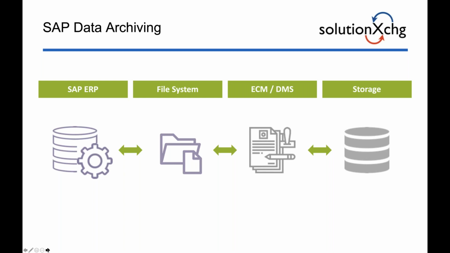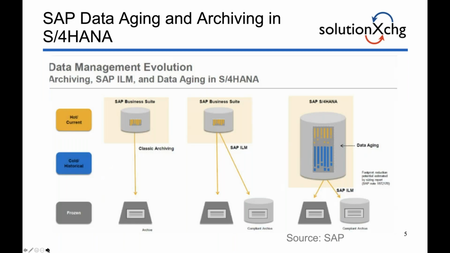When we're looking at SAP data archiving and how that changes when we're moving towards HANA, components like SAP ILM are introduced, SAP's Information Lifecycle Management. But what you see is even with S/4HANA, you still have the option to do regular data archiving, ADK data archiving, and you can do SAP ILM.